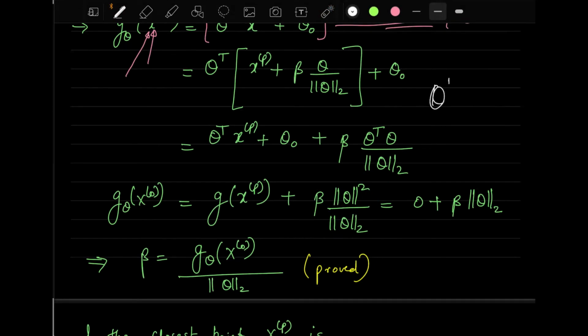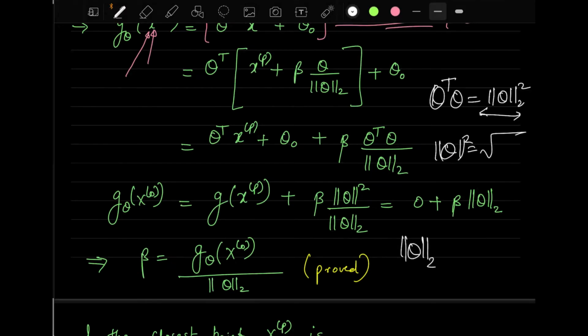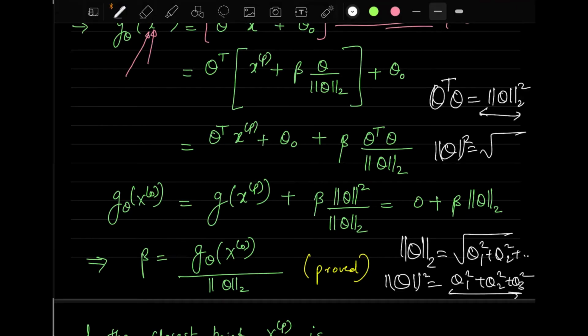If you see theta transpose theta, when you take something like this, it is theta 1 square plus theta 2 square plus theta 3 square. It's like this.